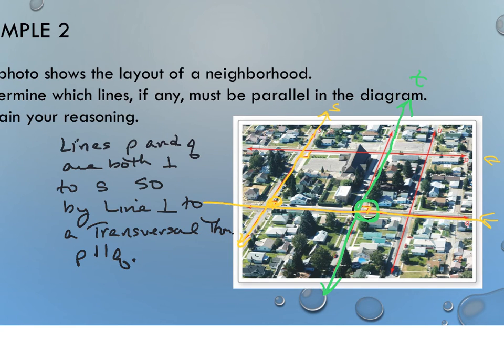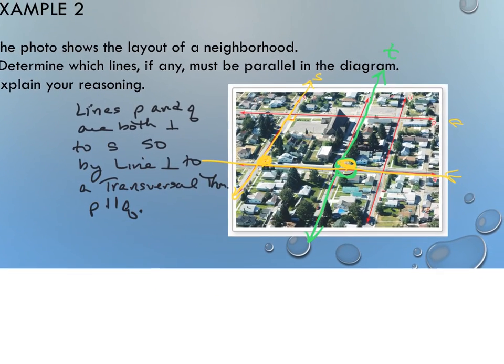So they both have right angles right here and here. So because S and T are perpendicular to Q, I can use that same theorem, the lines perpendicular to a transversal theorem, and I can say that S is parallel to T.